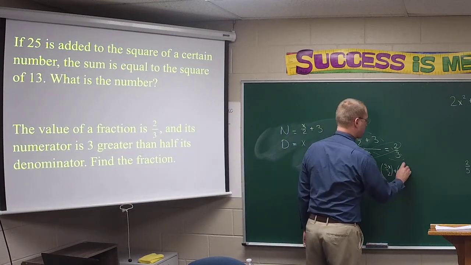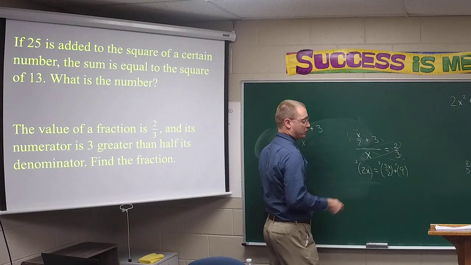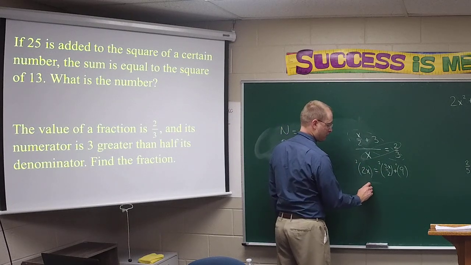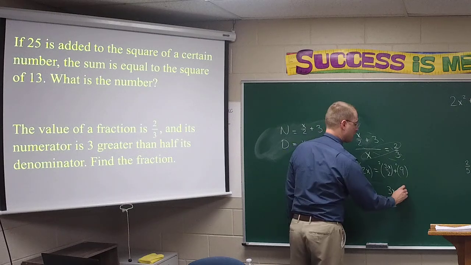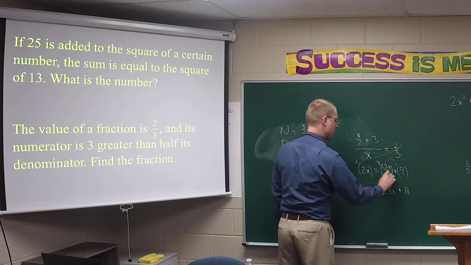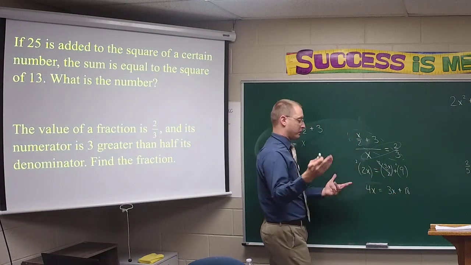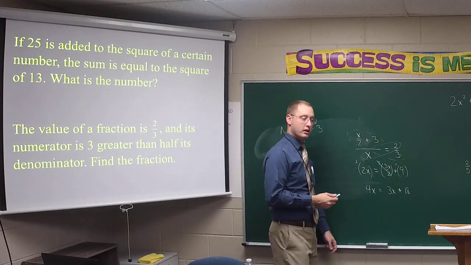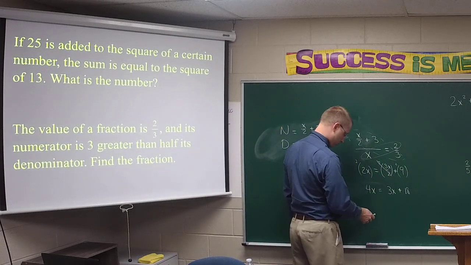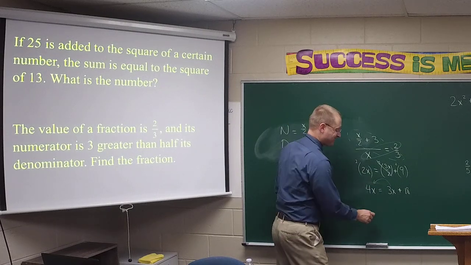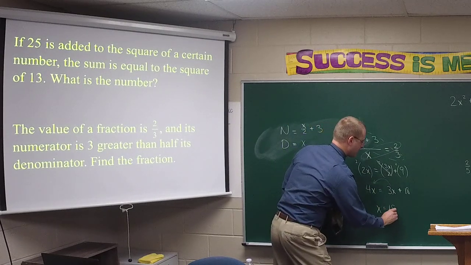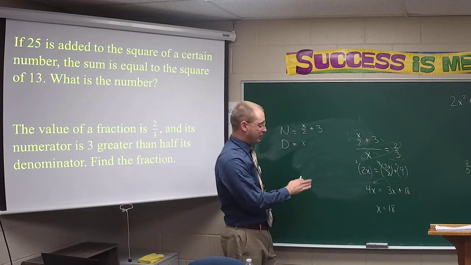And what do I get when I multiply everything by the LCD of 2? 3x. And now it's pretty straightforward. I just need to move over the 3x as a negative to get x equals 18.